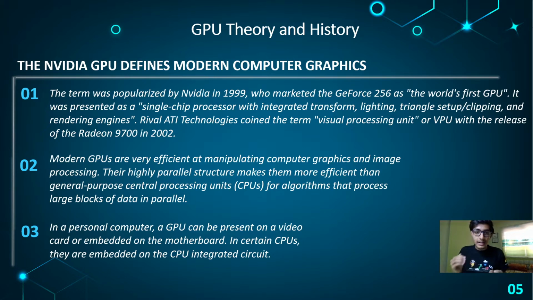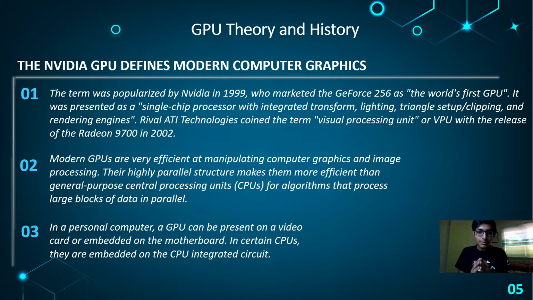But later in 1994, it was used by Sony and Toshiba in their gaming consoles. But it was popularized by Nvidia in 1999, who marketed the GeForce, the world's first GPU, and gave it that title.